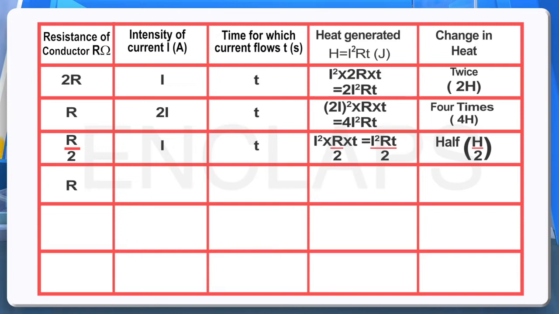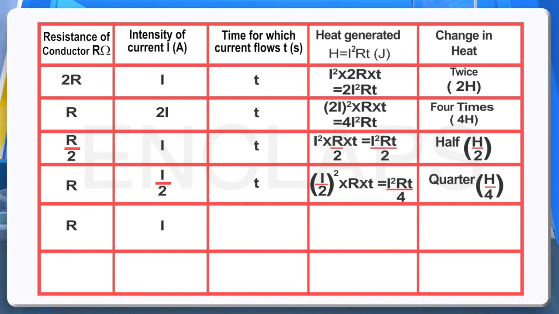When the resistance is R and current is half the value, that is I by 2, and time is T, heat is equal to I by 2 the whole square into R into T equals I square RT divided by 4 equals H by 4. The heat has decreased to a quarter value. The resistance of the conductor is R, I is the intensity of current flowing and time is 2T.